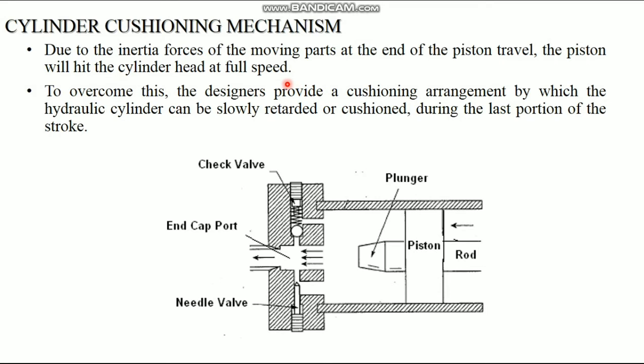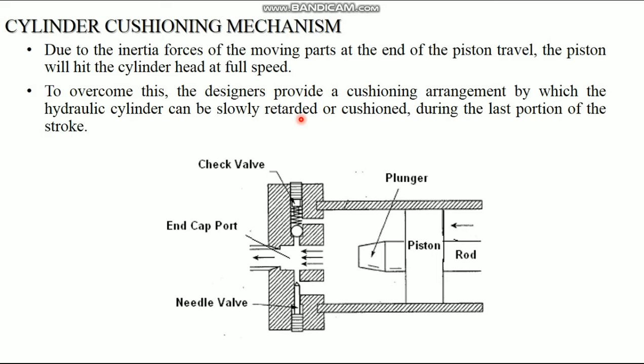When the speed of the piston increases in the retraction or extension stroke, at the end of the stroke it may hit the cylinder head. So damage to the cylinder may take place. To avoid this, we are introducing cylinder cushioning.